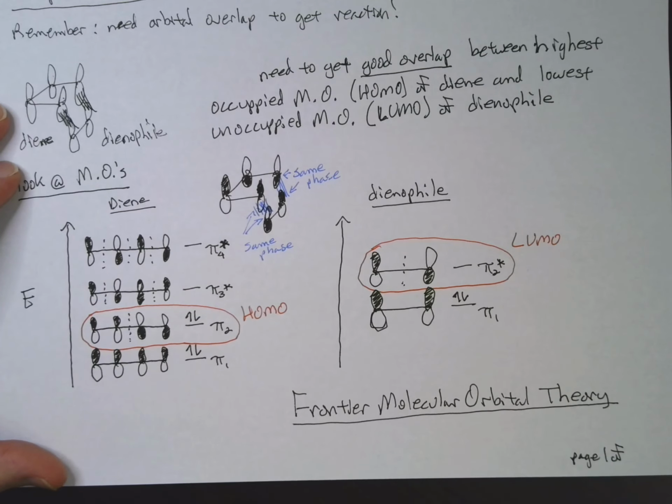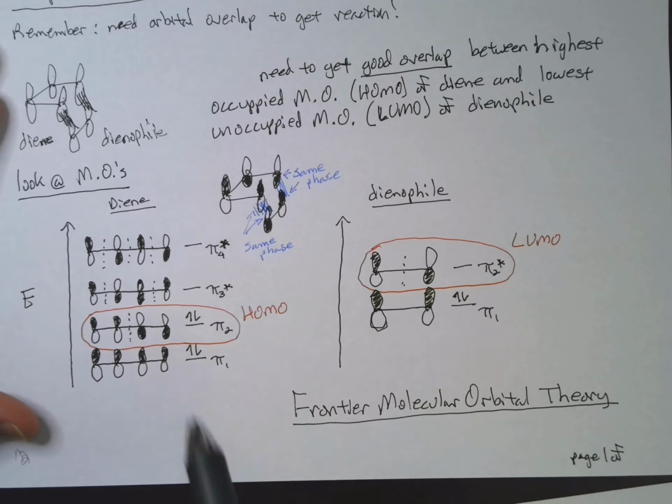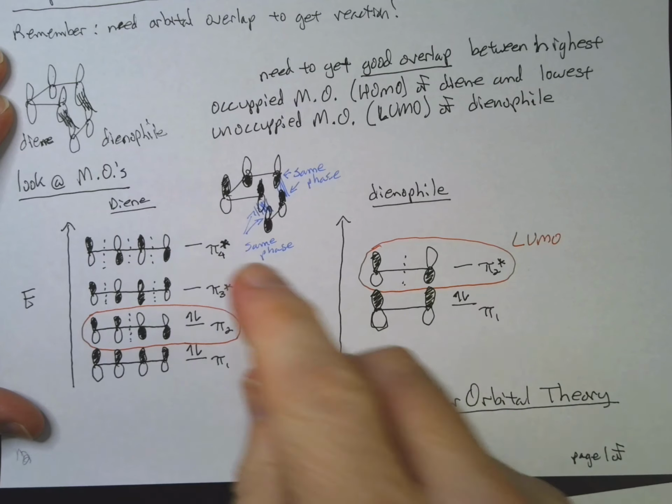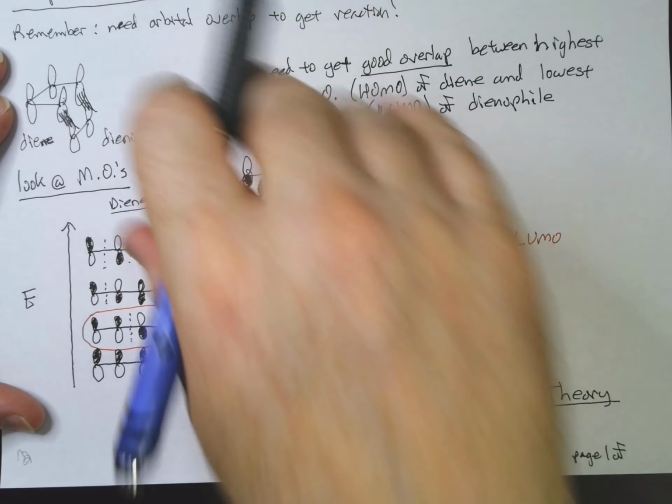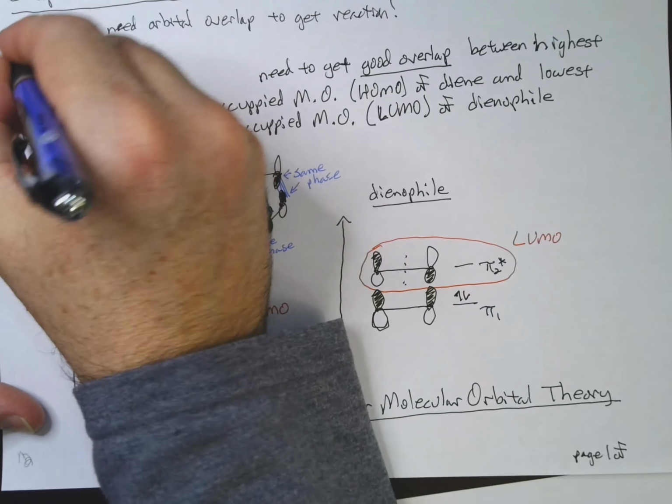Okay, now this explains why the Diels-Alder reaction works. We can use this to explain the other cycloadditions. So this is our Diels-Alder reaction. Let me just make a note of that here somewhere.